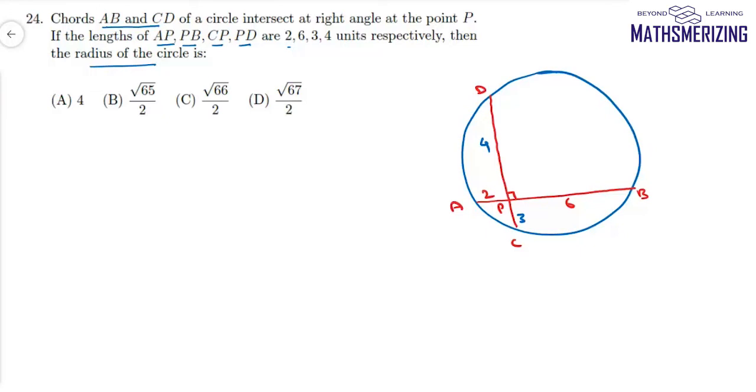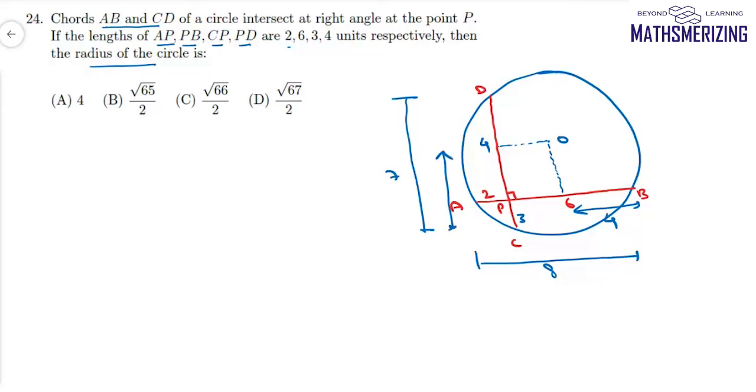Now we need to find the radius of this circle. So what I'll do is I'll take the center. Suppose the center is O. Now length of CD is 4 plus 3, 7, and length of AB is 6 and 2, 8. So this length will simply be 4 and this length will be 7 by 2. Now if I find this length also, then what is this length?